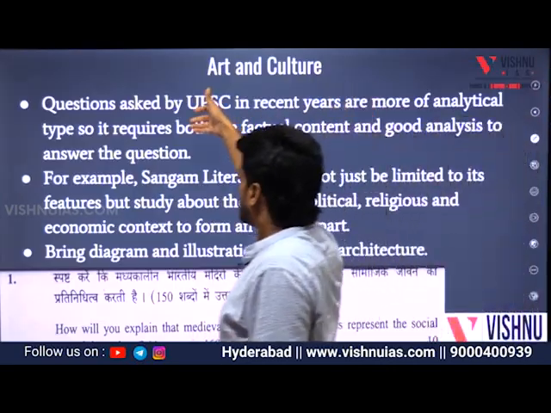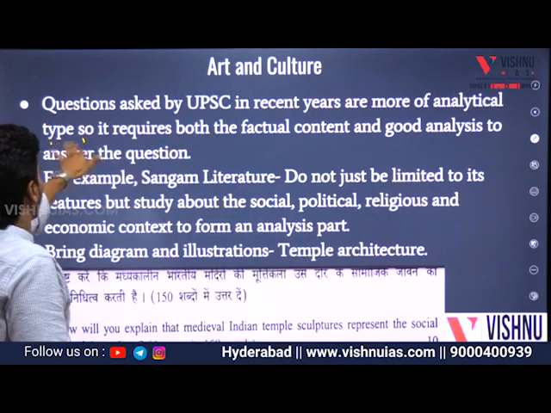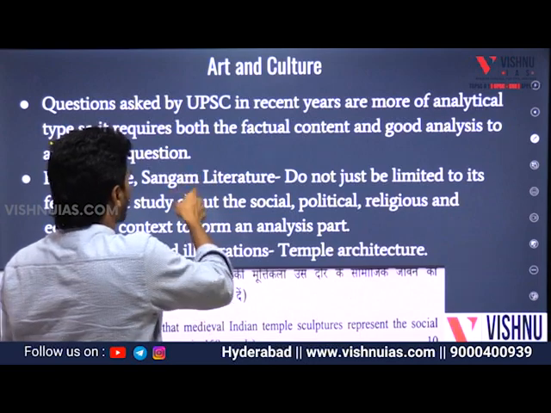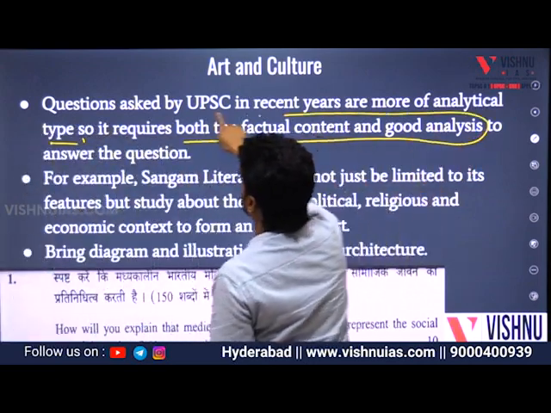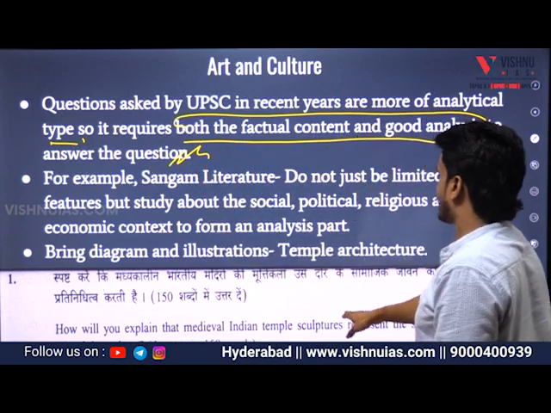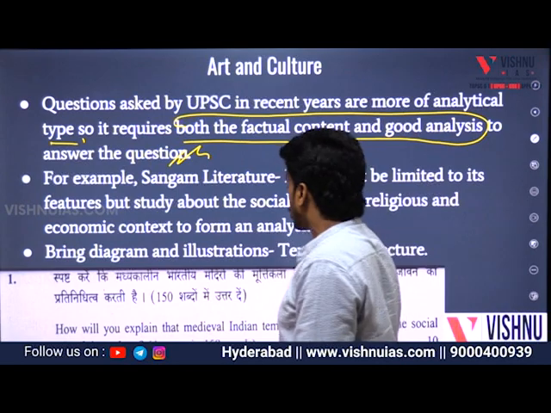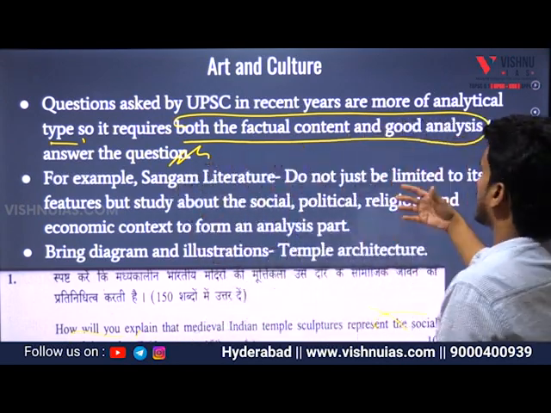Okay, and art and culture, in recent years it is becoming more analytical. Art and culture demands both factual content and good analysis to answer the question. See the question: how will you explain that medieval Indian temple sculpture represents the social life of those days? Even for Sangam literature there were questions.